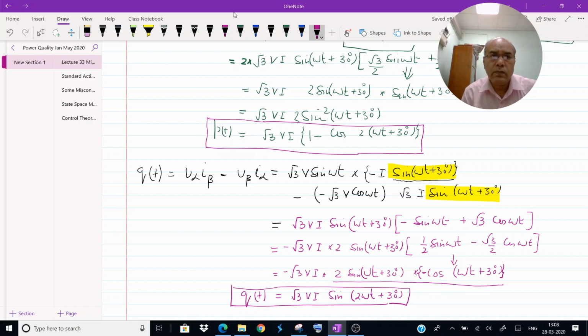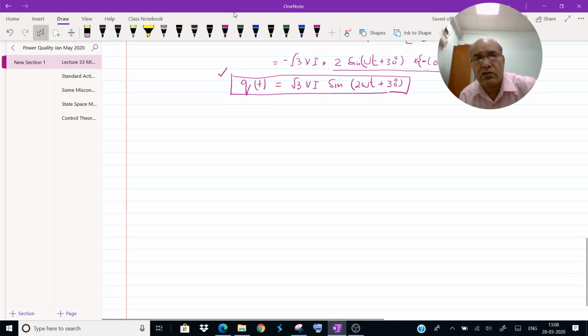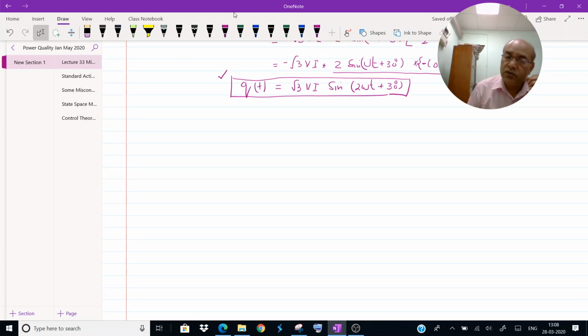So we know pt and we know qt. Now we can find out the other terms. Based on these powers, using the reactive power theory, we will resolve these powers in terms of the current. And then we'll find the alpha beta components of the current, then their active and reactive parts, and finally their active and reactive parts in the ABC frame of reference.